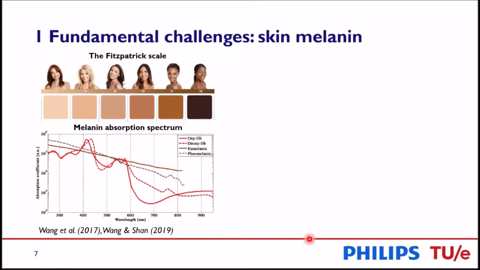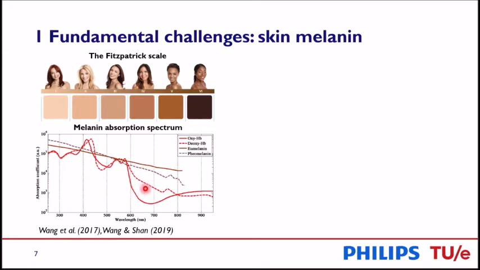So before going to the camera PPG, I would like to first mention two fundamental challenges for this measurement. The first is the skin melanin, because the melanin content will absorb a portion of the light and reduce the diffuse reflections, and especially the darker skin that has higher melanin content will absorb more light and make the PPG extraction more difficult.